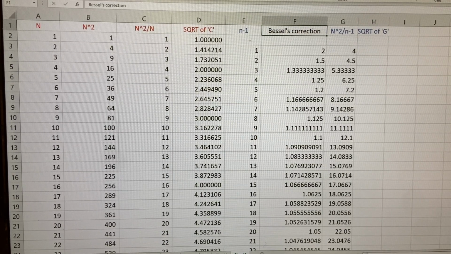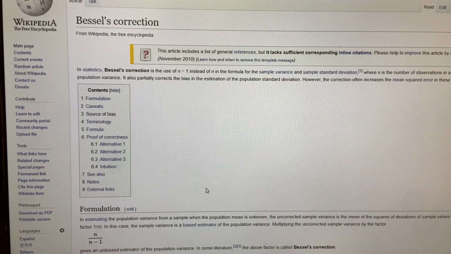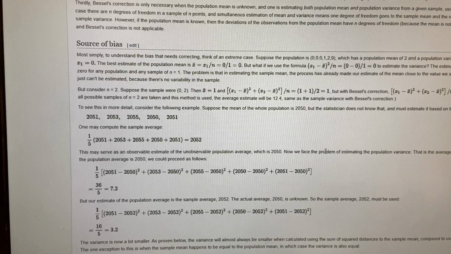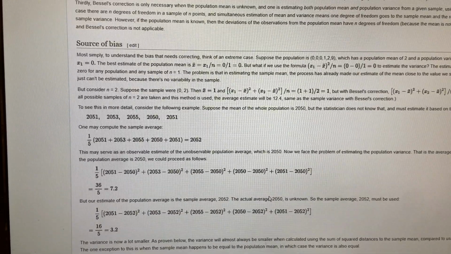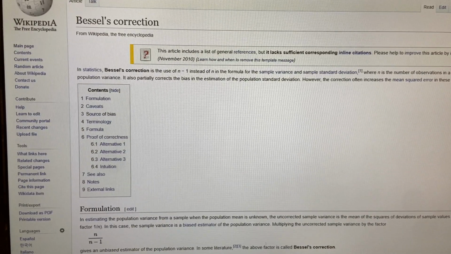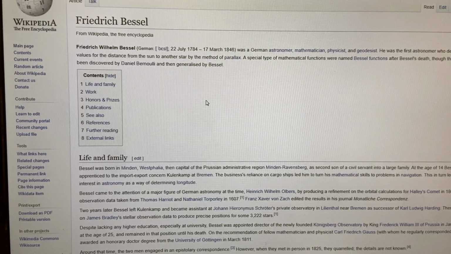And of course this page came up, you can read about on Wikipedia about Mr. Bessel and how this correction came about, and you can read about it in complicated words or whatever. You can see some calculations, but none of them are Excel, and none of them are really visual to explain what difference does it make. And of course you can read about Friedrich Bessel and when he lived and whatever. You can read everything about a lot of things.